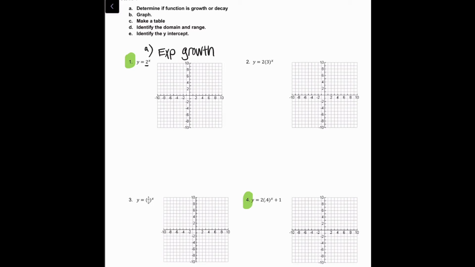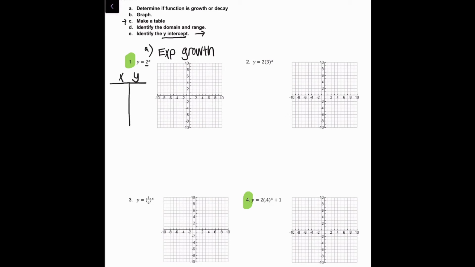Part B is graphing. So when we graph, we can use a calculator, or you can do it by hand. So just to show you a way you can do it by hand, make your table, which is part C. That should have come before the graphing. X comma Y. And the first thing I actually want you guys to try to find is what's your y-intercept.